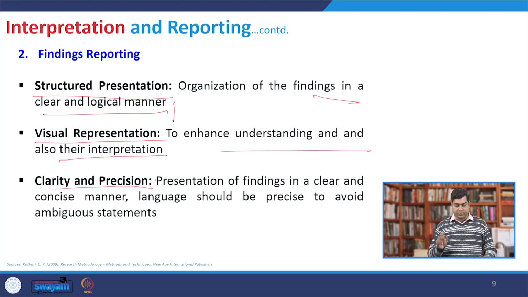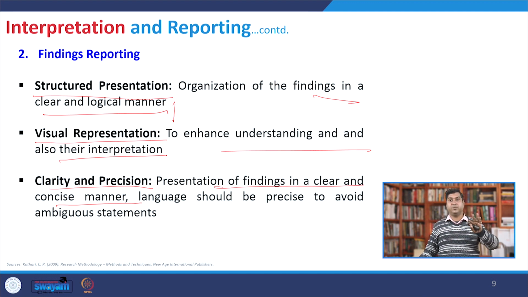Clarity and precision: the presentation of findings should be very clear and concise. In reporting, you don't leave everything to the reader's decision, as if to say, just understand what I want to convey. If you are putting in a table, you should have certain description. It should not be repetitive, where you write that column 1 says this.